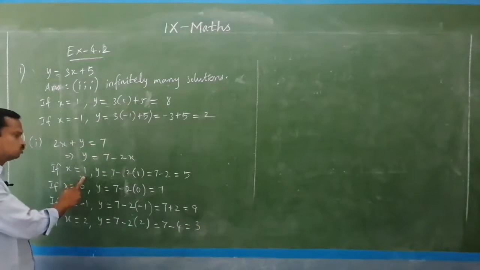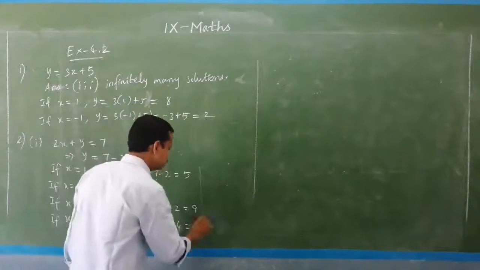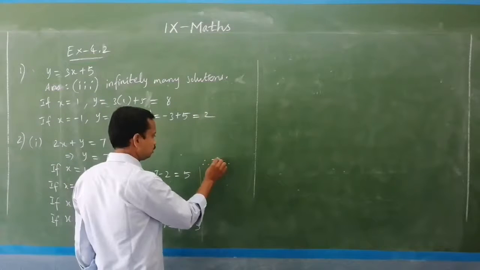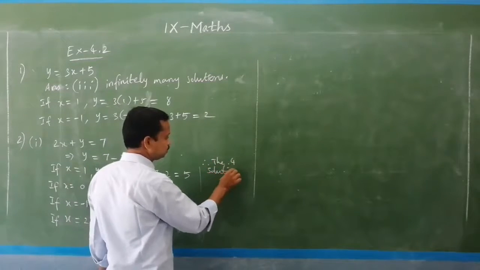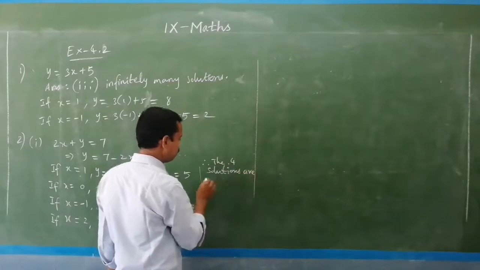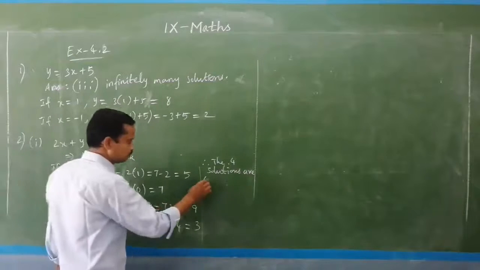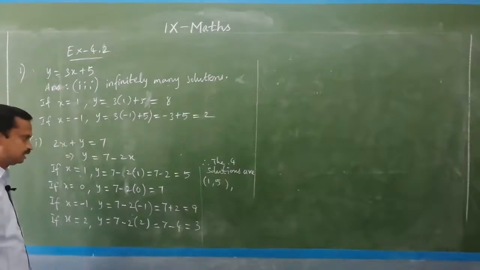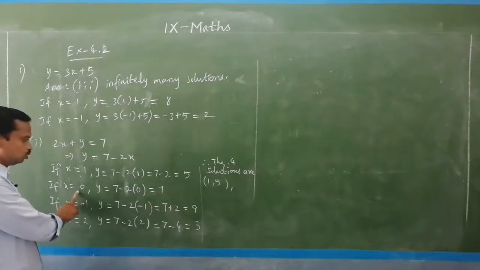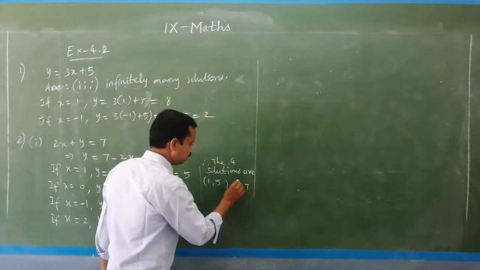So, you see, if x is 1, then y is 5. The solutions you can write like this. Therefore, the 4 solutions are: if x is 1, then y is 5, so 1 comma 5. You have to write in ordered pair form as a point. If x is 0, then y is 7, so 0 comma 7.